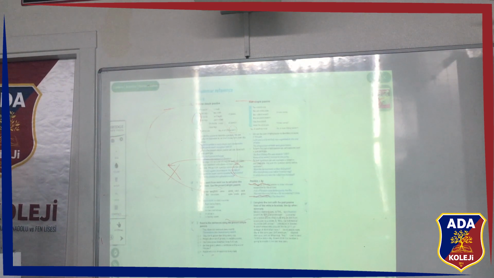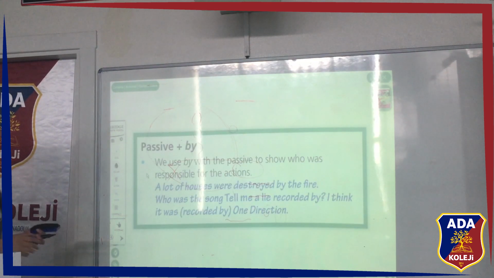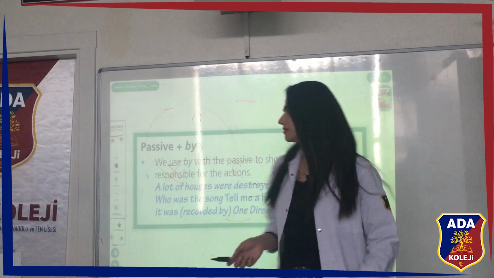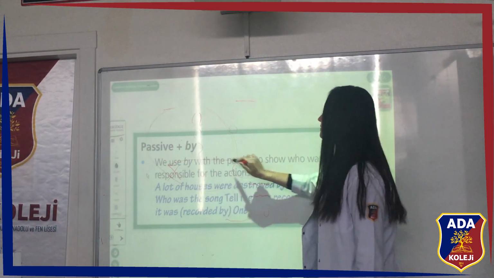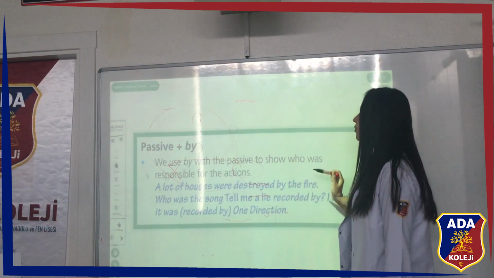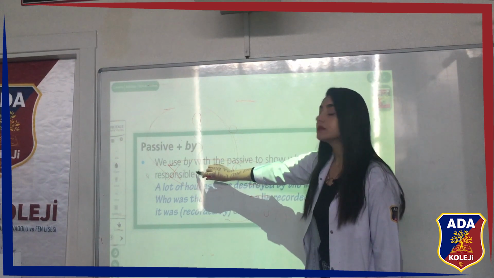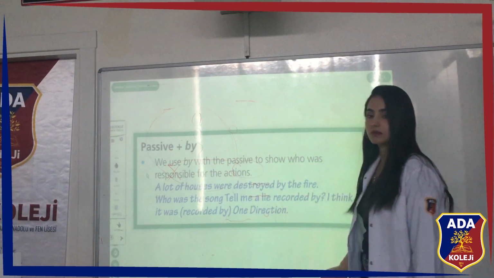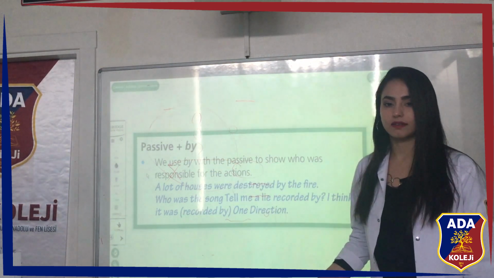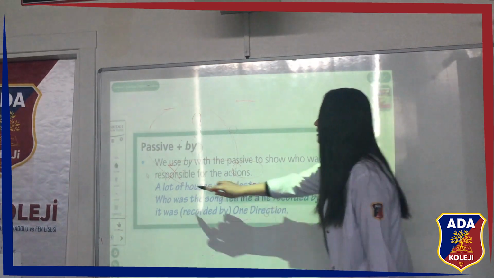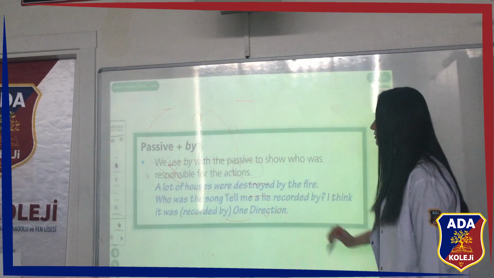We will look at passive by. What is by? We use by with the passive to show who was responsible for the actions. Okay? Who made it, that's to say. A lot of houses were destroyed.